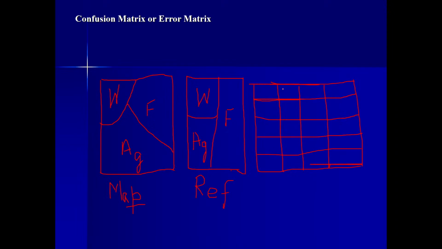We can have the water class column, then the forest class column, and then the agriculture class column.